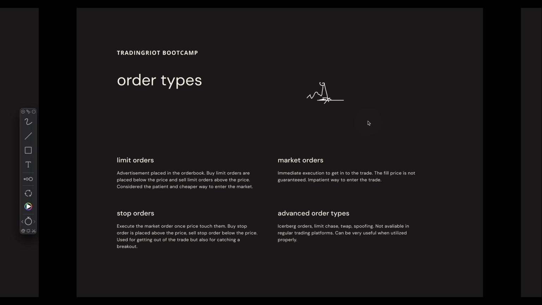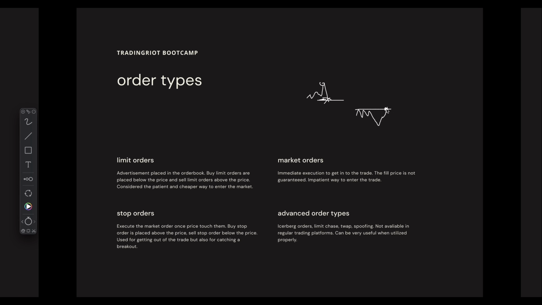But also with stop orders, if for example the market is going up and it's currently right here, and you only want to buy when the market is going to break this level of resistance, you can place a stop order above the current price, which will get triggered if the market trades through it from below.